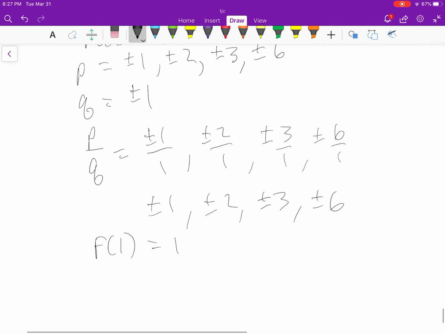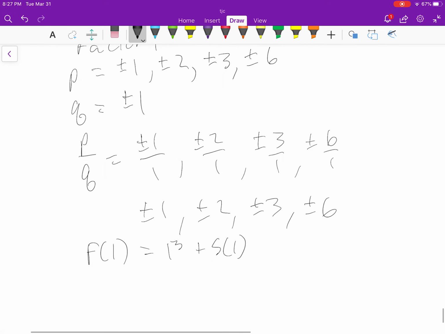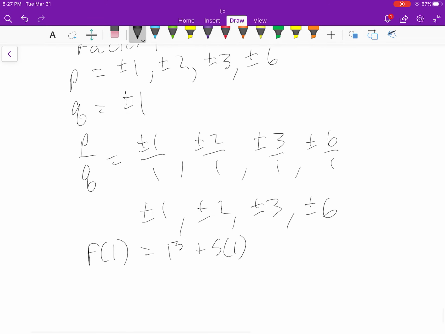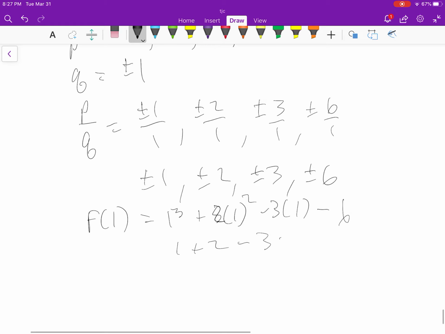So it would be 1 cubed plus 2 times 1 squared minus 3 times 1 minus 6. And we work this out. You get 1 plus 2 minus 3 minus 6.